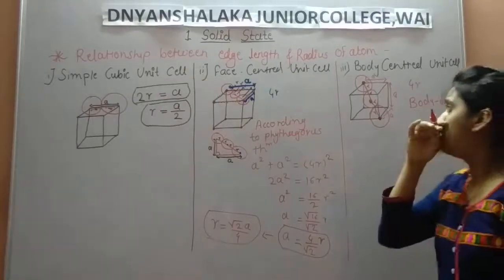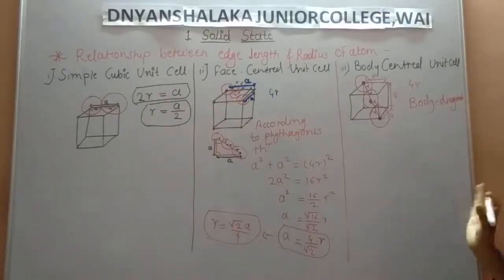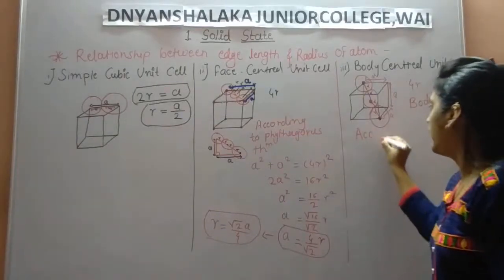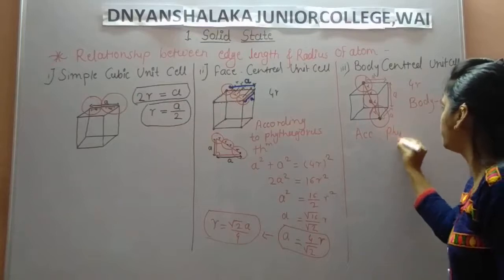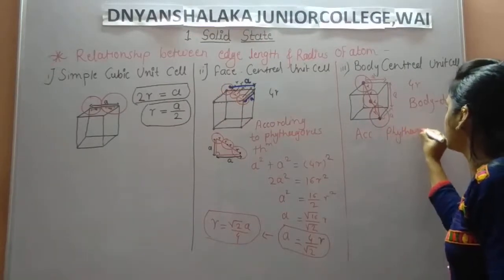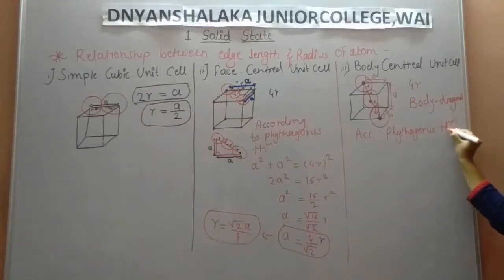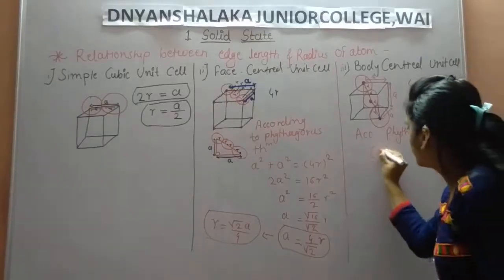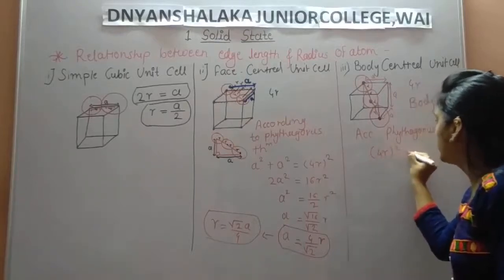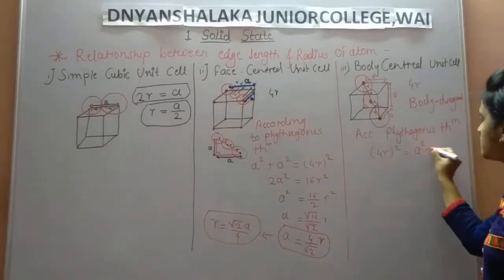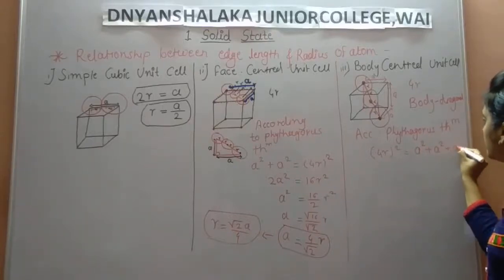So how do we find the edge length and radius of atom for body center unit cell? Hypotenuse square, hypotenuse is 4r, squared. And how is the distance covered? This is our first a square, this is our second a square, this is our third a square.